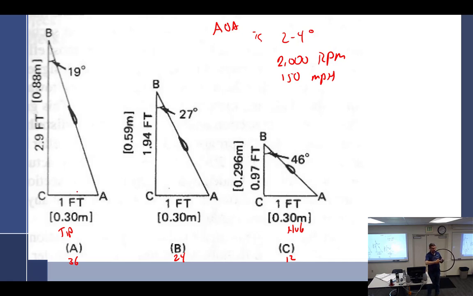At 12 inches, by the time it goes 1 foot forward, it went from here to here, right? And if I measure that, it only went 0.97 of a foot. Everybody follow?